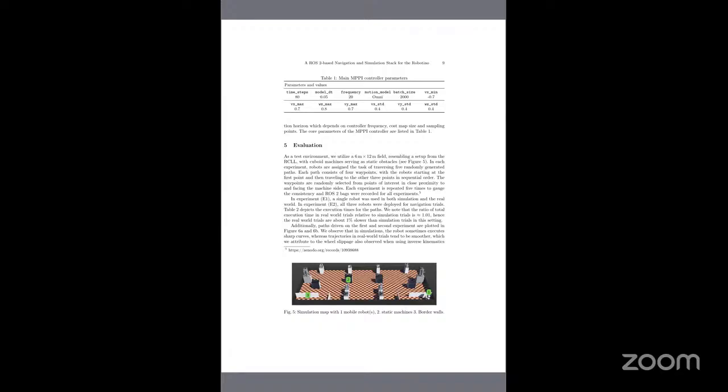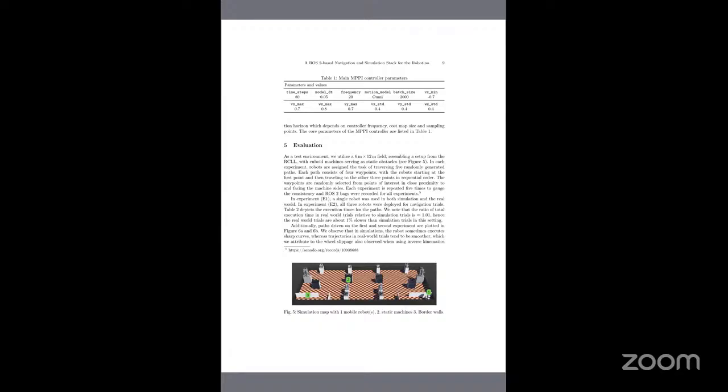Velocity limits. We have velocity limits: forward, backward, sideways, rotation. Now evaluation. So they have conducted their system evaluation. For that, they have used an environment, a 6 meter by 12 meter factory. This is the factory simulation field. This is exactly similar to the RoboCup Logistics League.